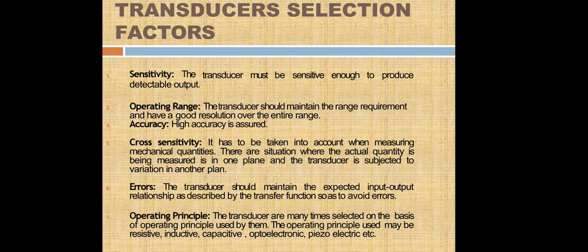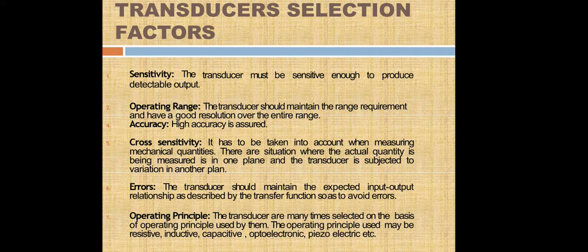There are situations where the actual quantity is being measured in one plane and the transducer shows variation in another plane. Errors: the transducer should maintain the expected input-output relationship as described by the transfer function so as to avoid errors. Operating principle: transducers are many times selected on the basis of the operating principle used by them.